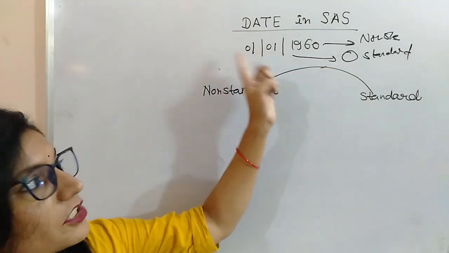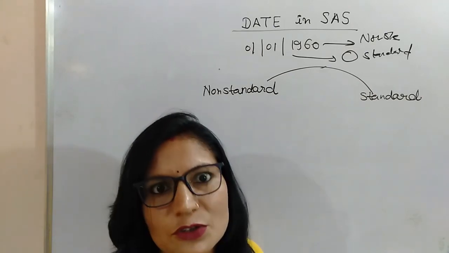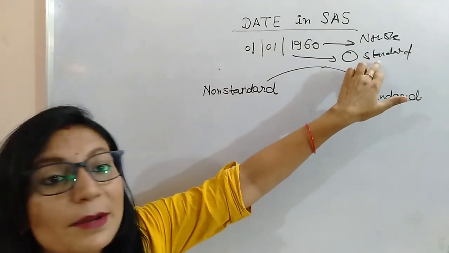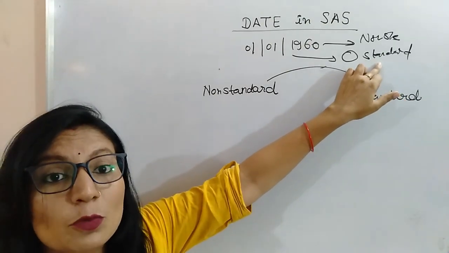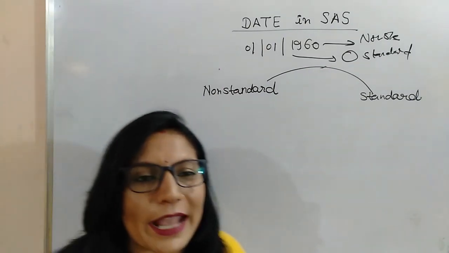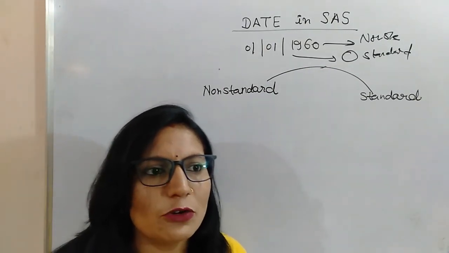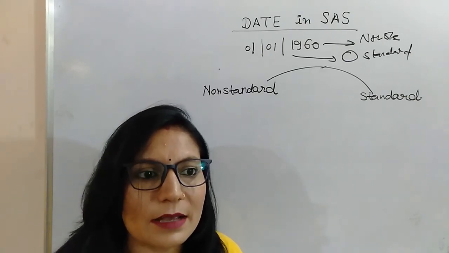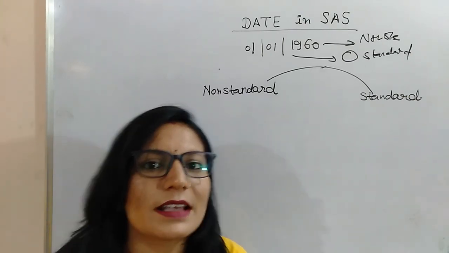Non-standard is a format which the system, or SAS, does not understand. And standard is the format which the system understands, but we humans do not. Let's say today's date, you get some value in terms of numbers, and you won't be able to understand that value. So we need something where we can convert that value into a date.